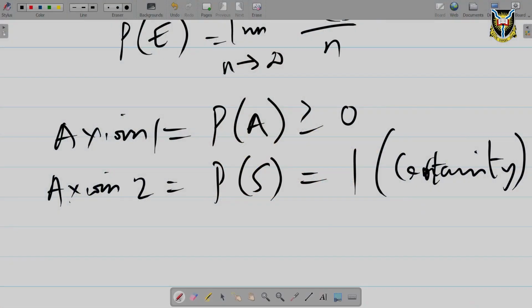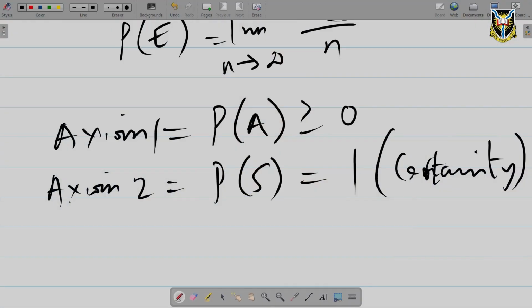And in the axiomatic approach, this is where we also talked about the 3 axioms or propositions of probability that are very, very important to the understanding of probability concept. One, we said that probability of A is greater or equal to 0. This is a non-negativity assumption that tells you that probability values cannot be negative.